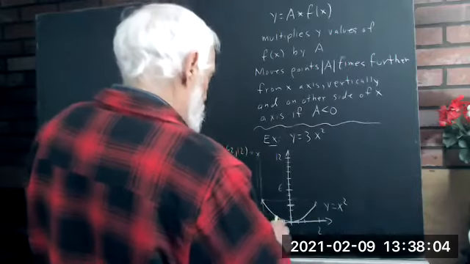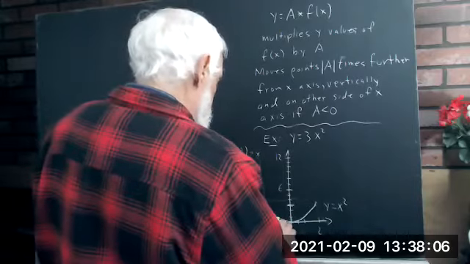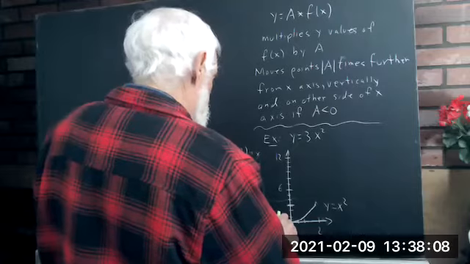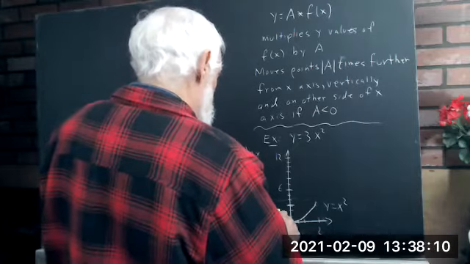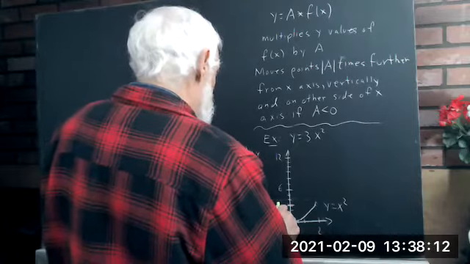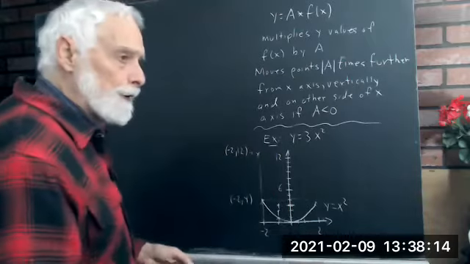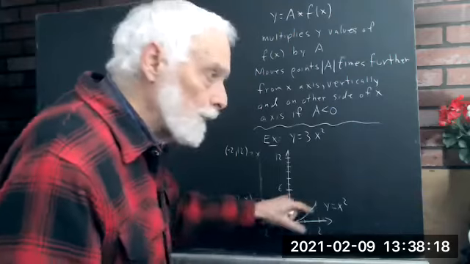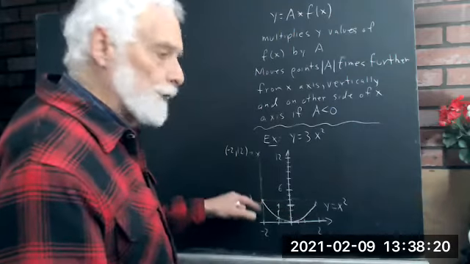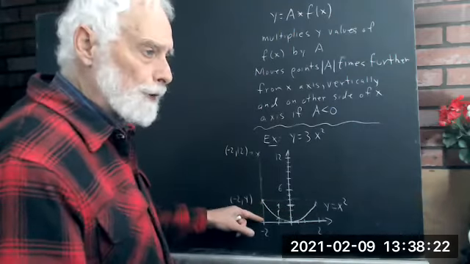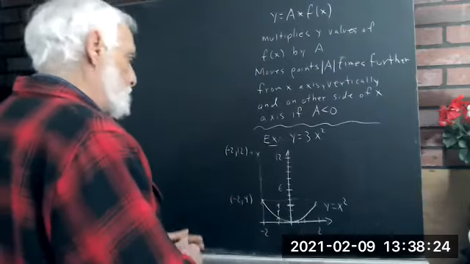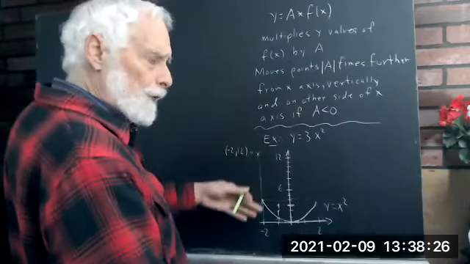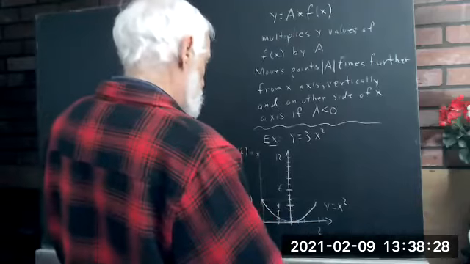Okay, well, now this point is just going to move up 3 times as far from the x-axis. Again, each of these arrows represents how far the point on the x squared graph is from the x-axis. Also represents whether it's above or below, but all the points are above this time.